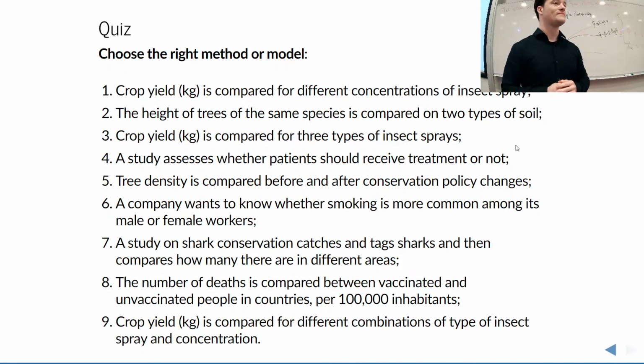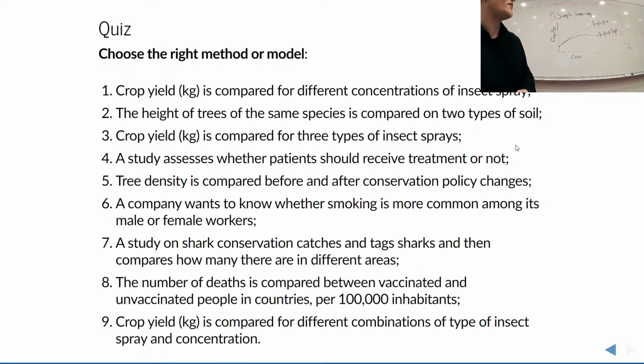Yes? And maybe 9, ANCOVA. Number 9, crop yield in kilograms, so continuous outcome, same one as the first two, is compared for different combinations of types of insect spray and concentration. And your answer was ANCOVA, yeah. So analysis of covariance is when you have an ANOVA and you have a continuous explanatory variable.